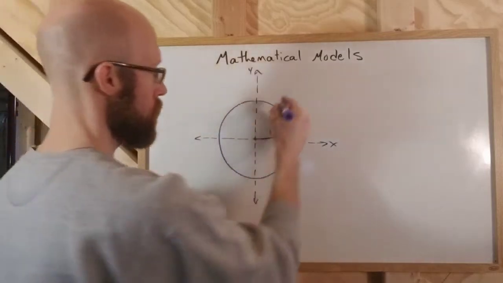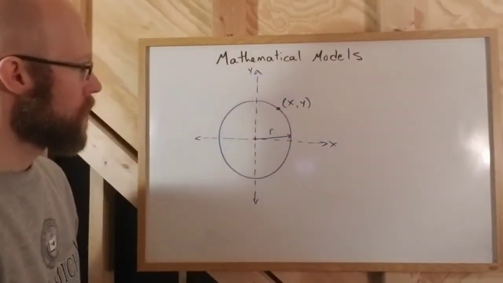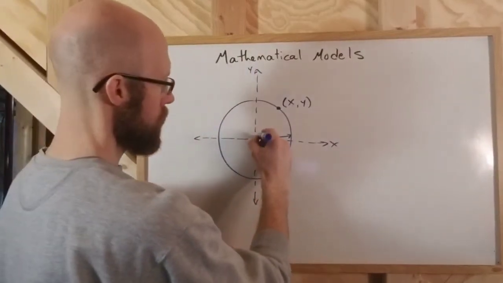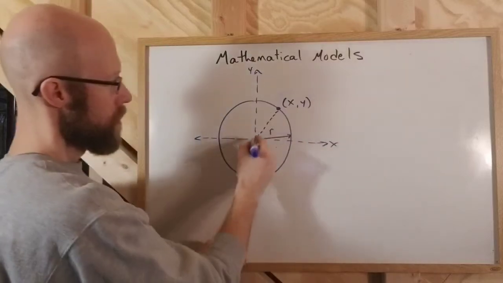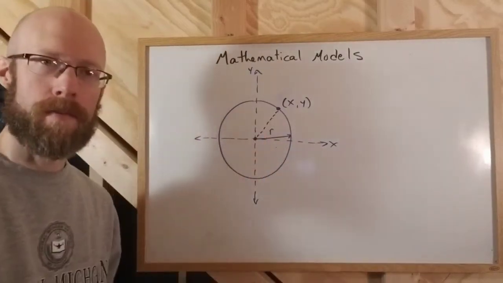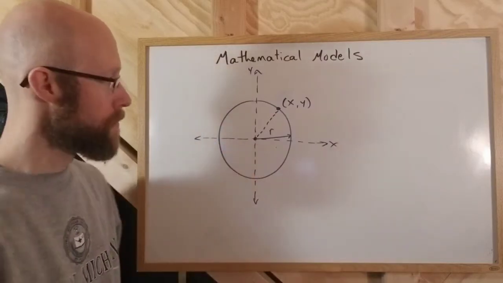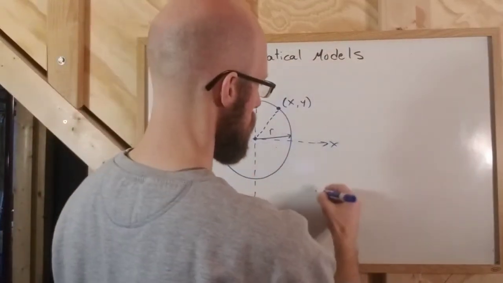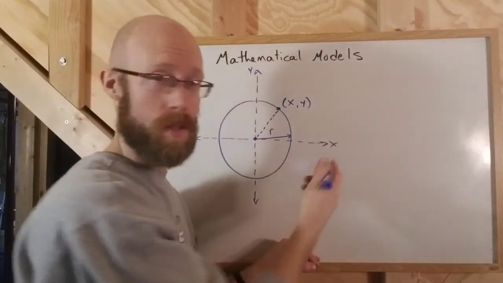We'll call a point on the circle x comma y. The distance here, we'll call it r, to the circle is fixed. In fact, it's called the radius. So if I know the radius of the circle, then I can find the equation of the circle using the distance formula.